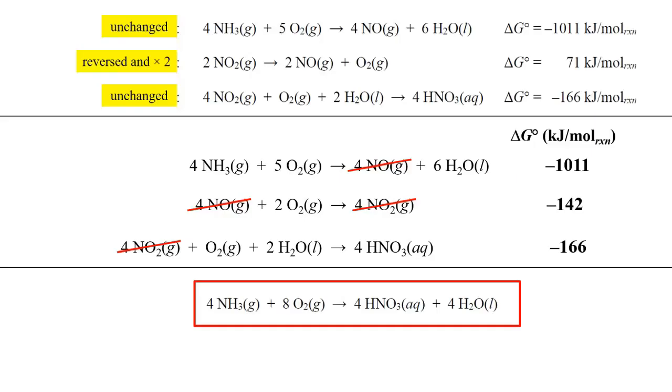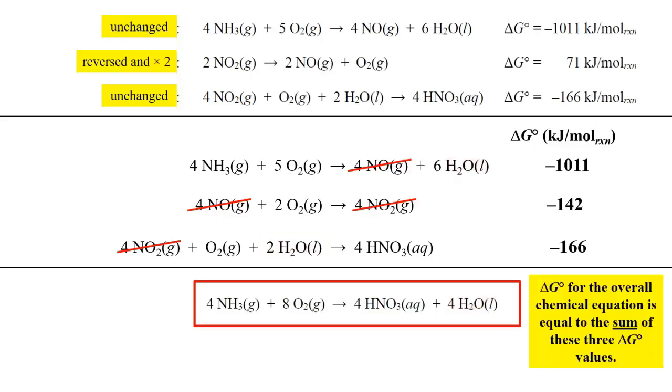Let's see if I have 8 moles of oxygen on the left. 5 plus 2 plus 1. That is a total of 8 moles of oxygen, so that looks good. And then what about the water? I see 2 moles of water on the left, and I see 6 moles of water on the right. But the difference between 6 and 2 is 4. So that would give me a net amount of water on the right side of the equation. 6 minus 2 is 4. So everything works out, everything checks out.